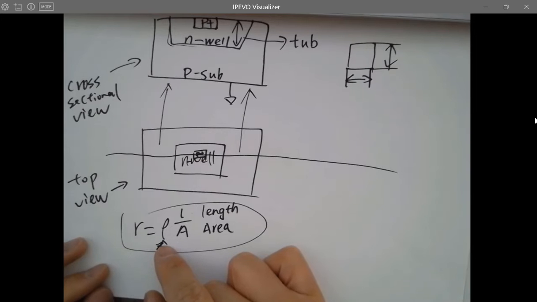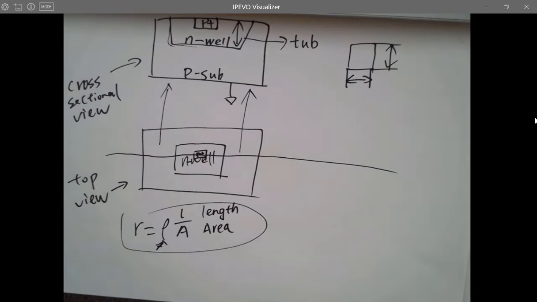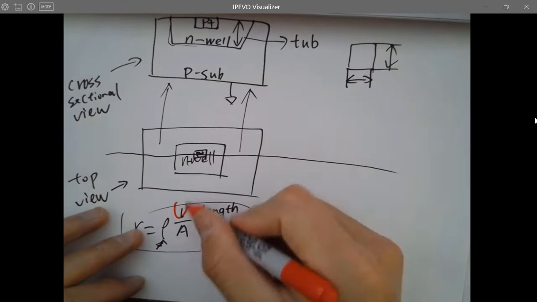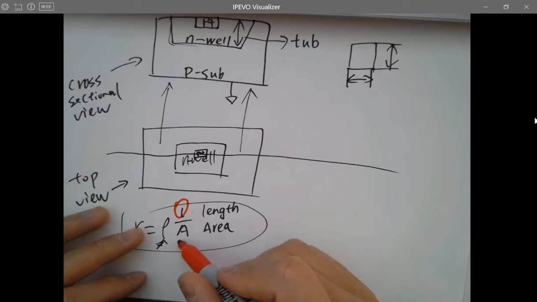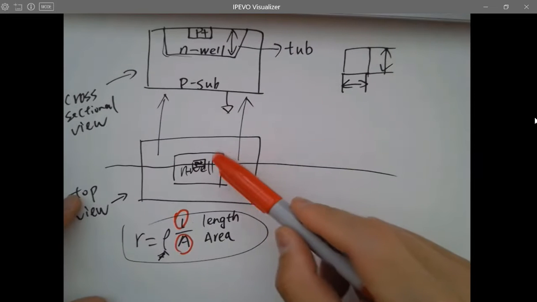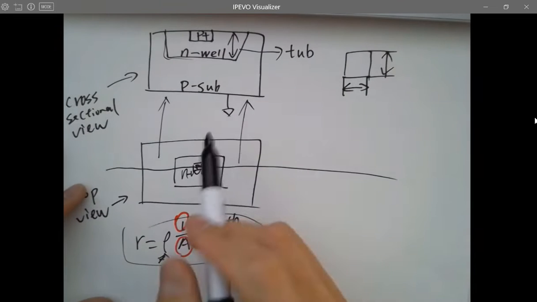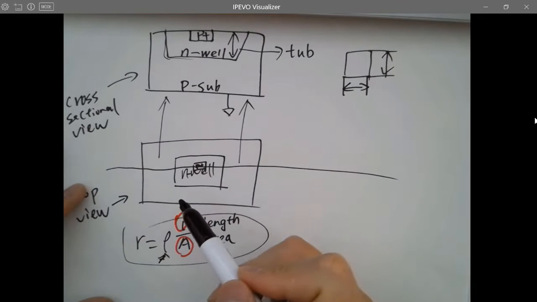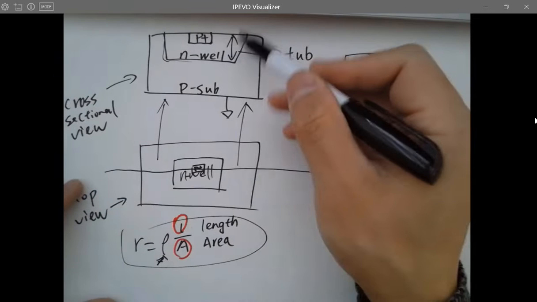Wires, right? You don't actually care about the width. You only care about the length and the cross-sectional area, which is the diameter of the wire. But here, you see that you can modify the width and length, but you cannot modify the depth.